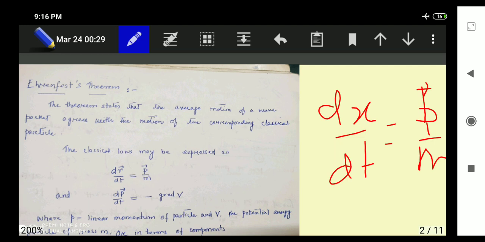if I provide you the initial velocity and the acceleration, then you can tell me the displacement at any given time. Similarly for v equals u plus at, if I provide you the initial velocity and the time, you can tell me the final velocity at any instant.